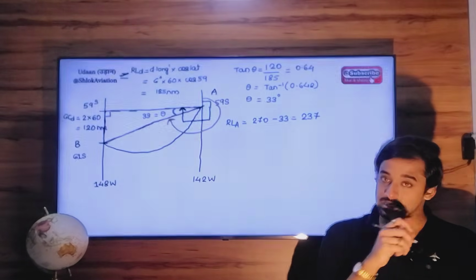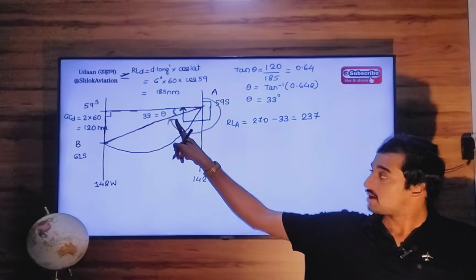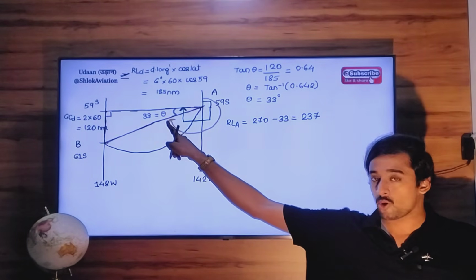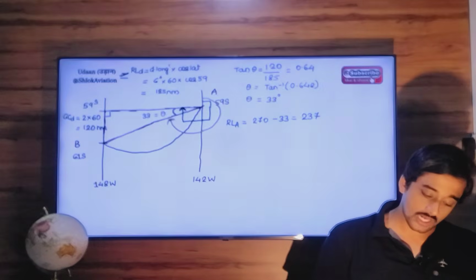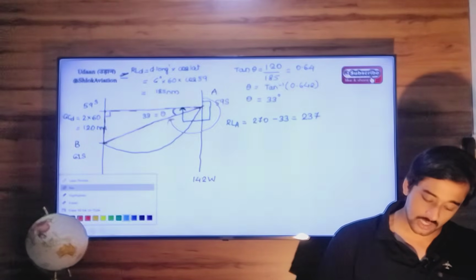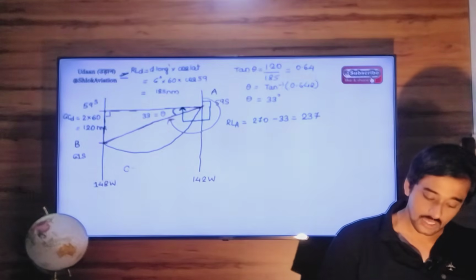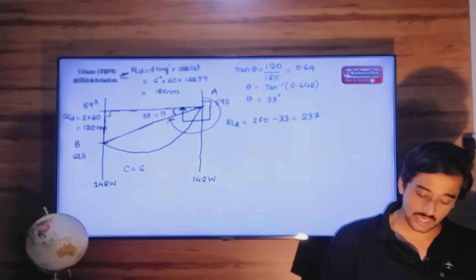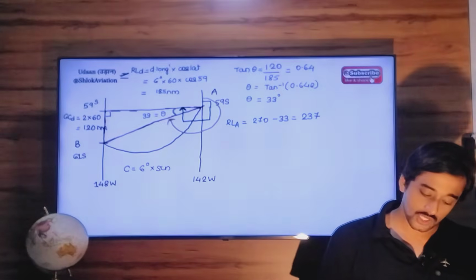Now what will be the great circle track at A? Great circle track at A will be Rumline track at A up to this point minus this convergency angle. So what is convergency angle here? Find out convergency. Convergency is d long 6 degree sin lat. What is the latitude? 59 south and 61 south. So the mean is 60.